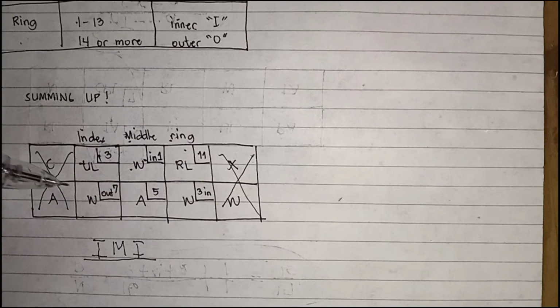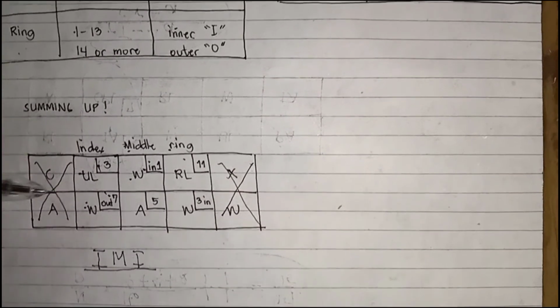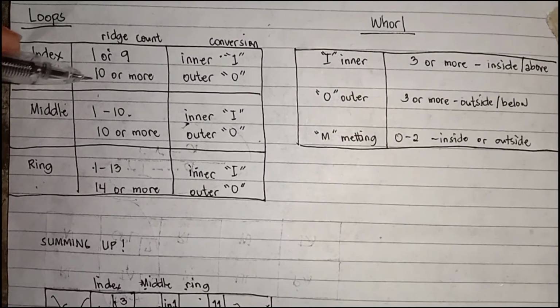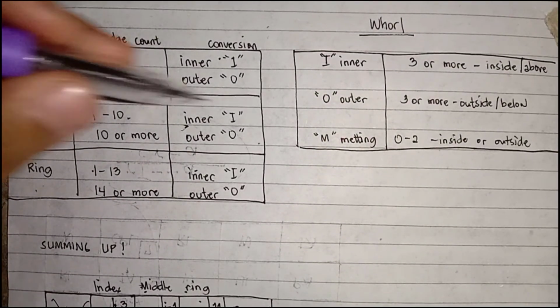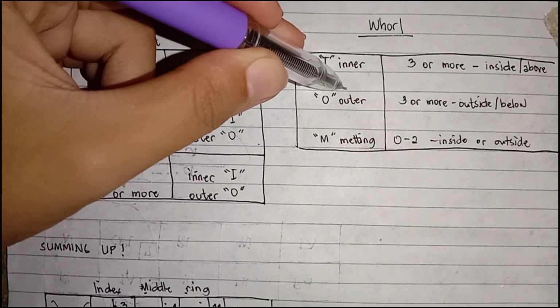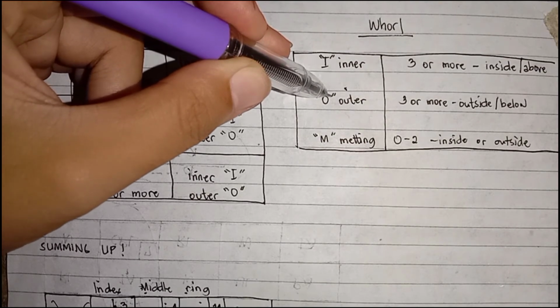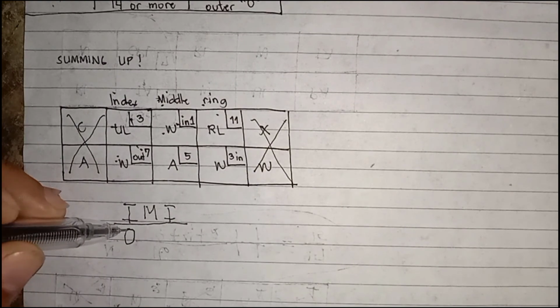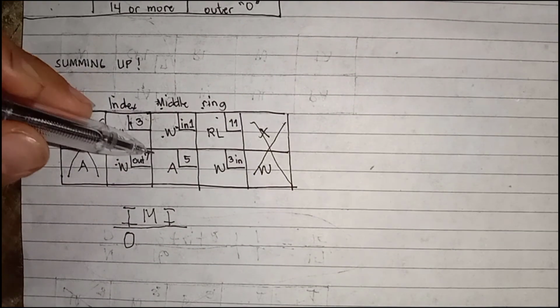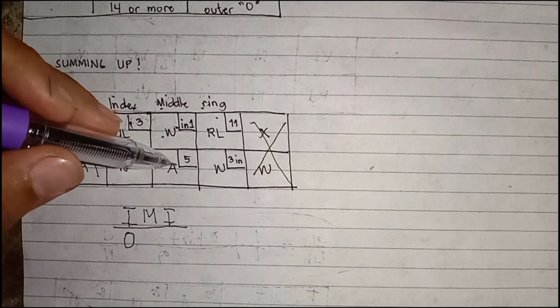In the left index, whorl has a 7 ridge count and 7 ridge count is out, so the conversion is O. Plain arc is not a part of loop or whorl, so leave it dash.